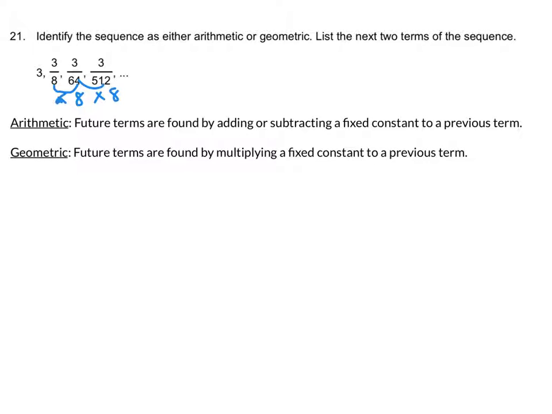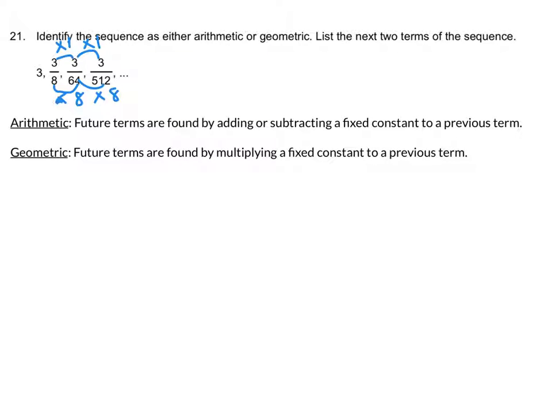So that tells me that I'm multiplying my denominators by 8. Now if we look at the top number, which is a 3, 3 to 3 is just being multiplied by 1. So this tells me that I'm multiplying my numerators by 1.